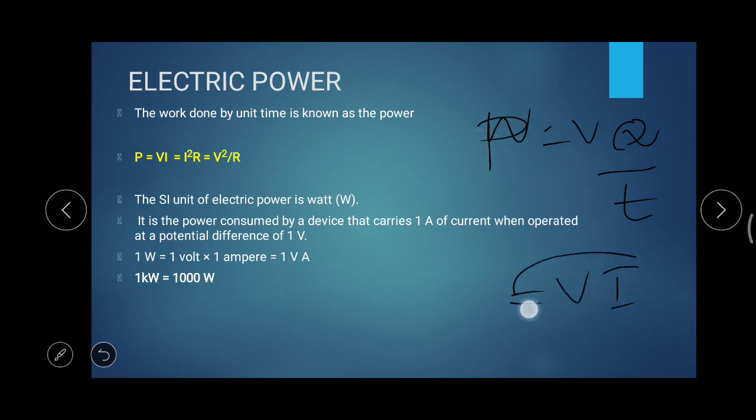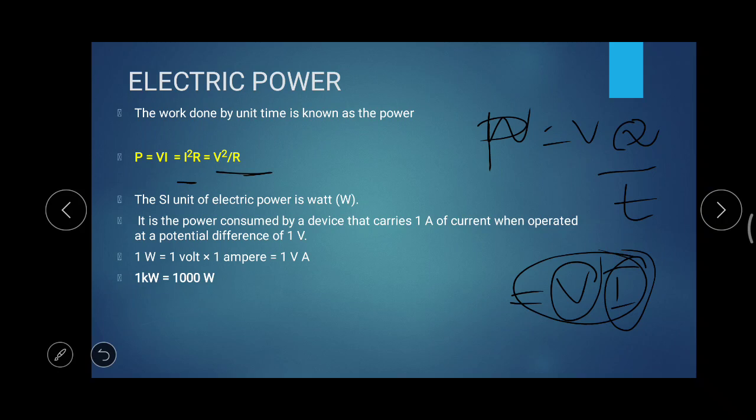Then you have to use Ohm's law. By substituting V as IR, you will get I square R, and with I as V by R, you will get V square by R, the P value.